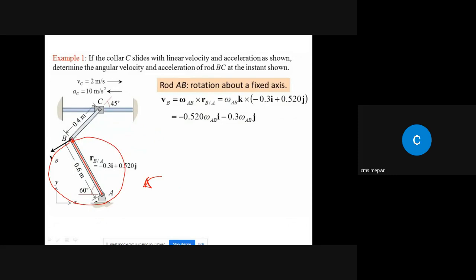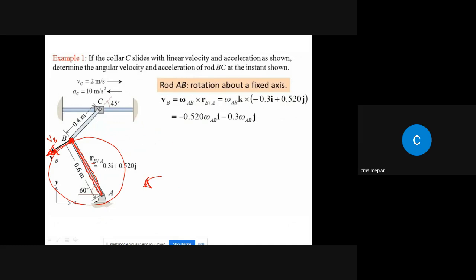Okay. At this point, if you want to find out its velocity, the direction of velocity is tangent, and it is always perpendicular to the radius. Or in other words, the velocity of point B is perpendicular to the position vector RBA, right? And it is having only rotation.